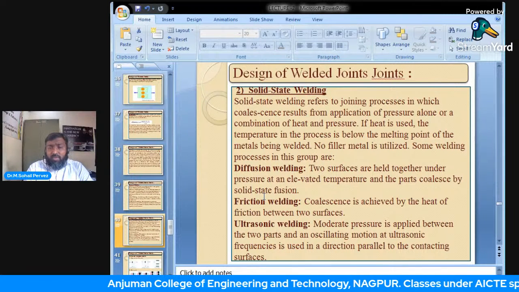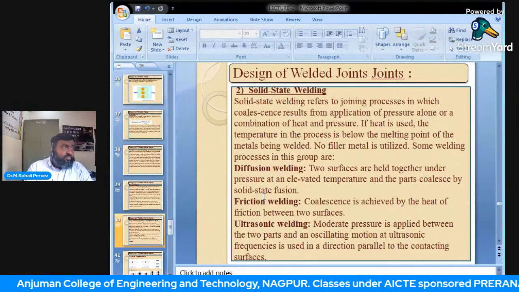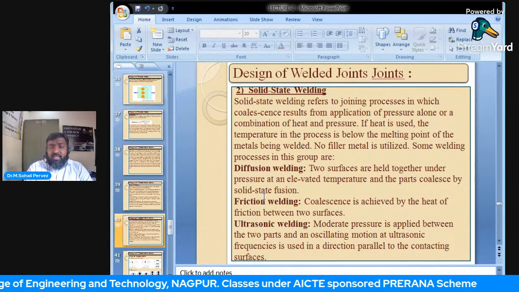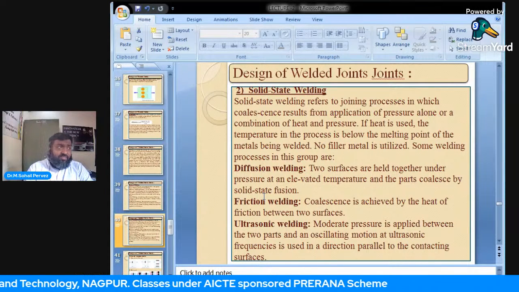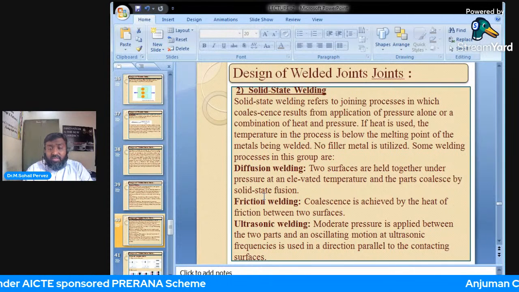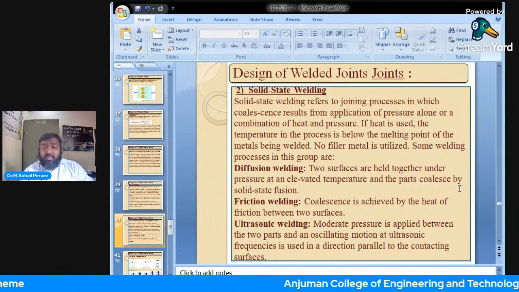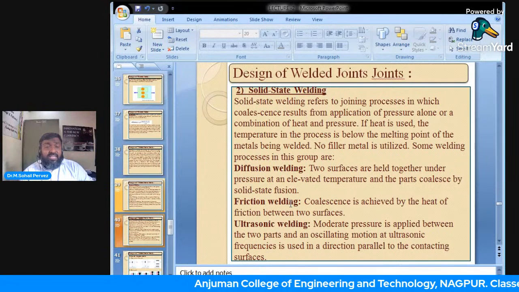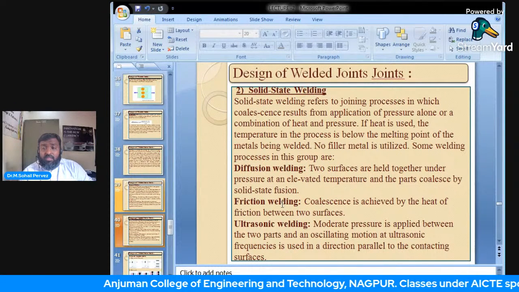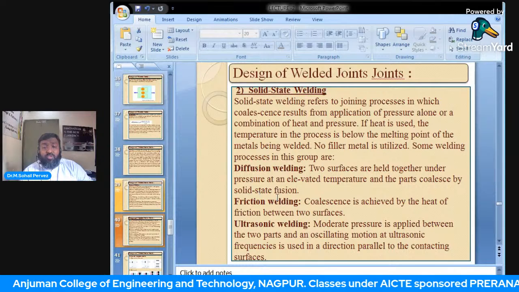You might have heard of spot welding. So heat and pressure; pressure is necessary. In diffusion welding, two surfaces are held together under pressure at an elevated temperature, and coalescence is caused by solid state fusion.